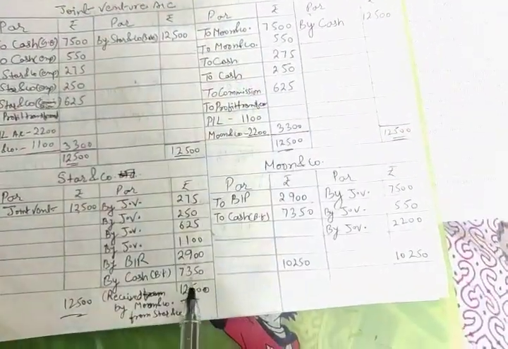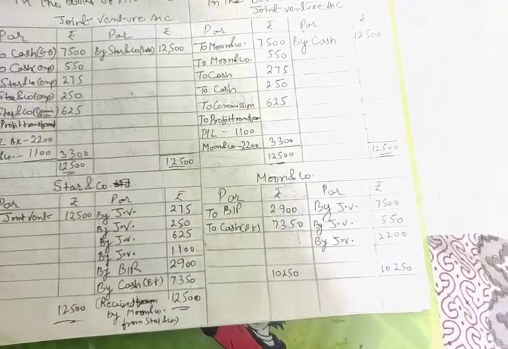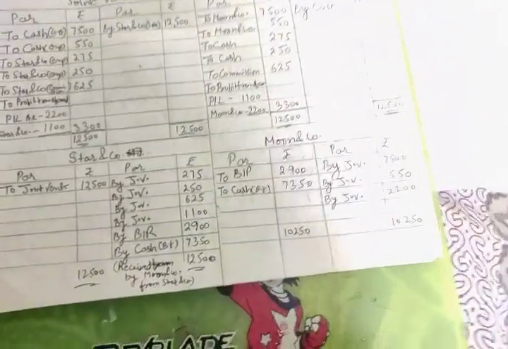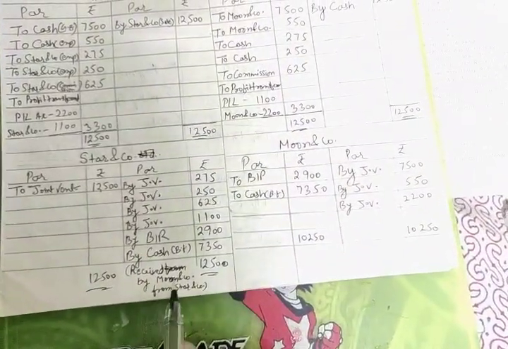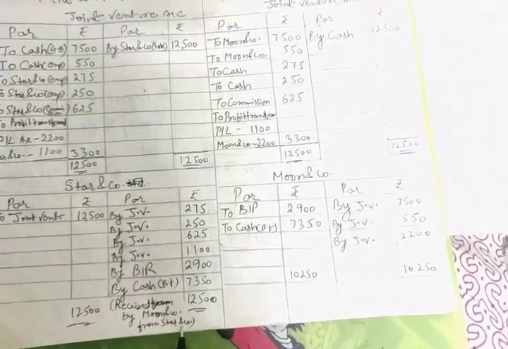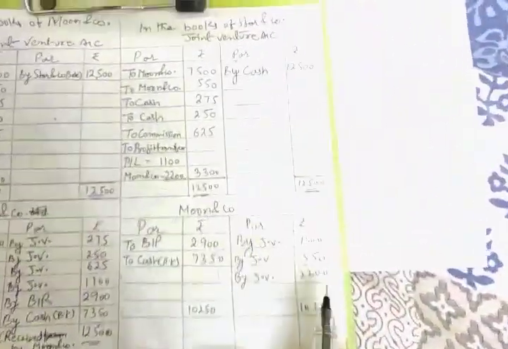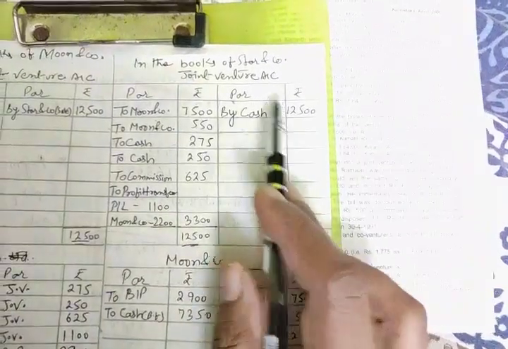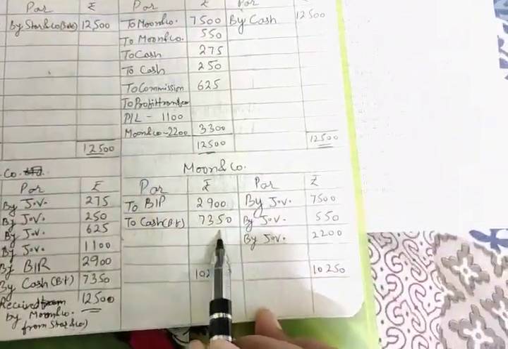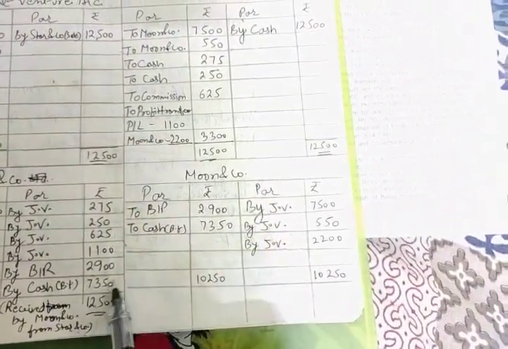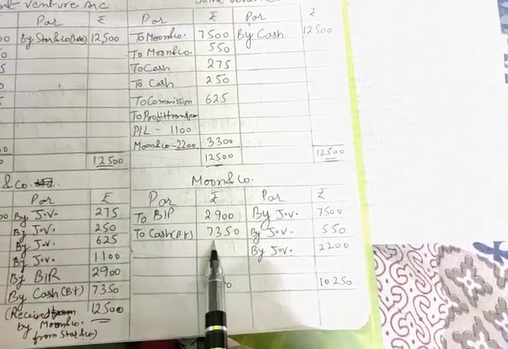So if you are able to see, when you opened the Star and Company account in the books of Moon and Company, you got a 7,350 balancing figure, which I told you will be received by Moon and Company from Star and Company. And now if you check the Moon and Company account in the books of Star and Company, again we are getting the same balancing figure, and you have to make sure that you get the same balancing figure.